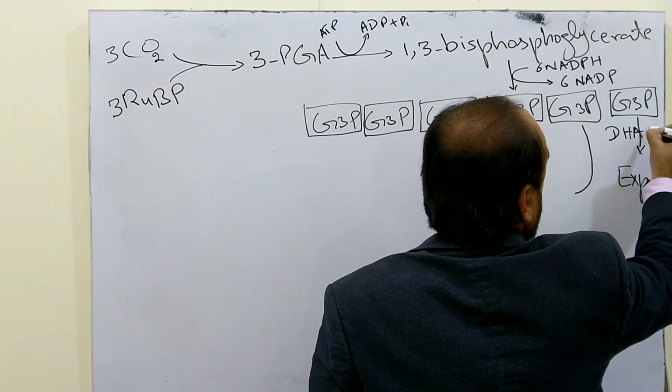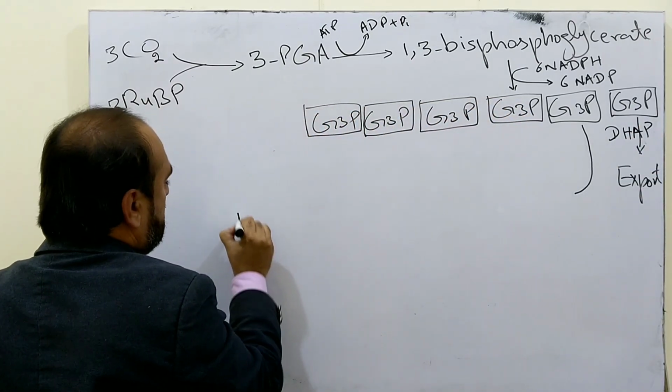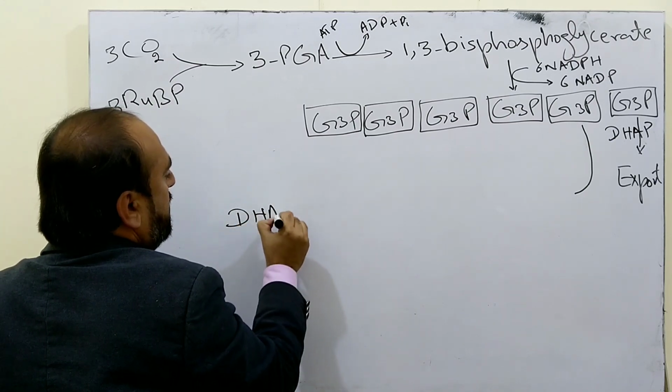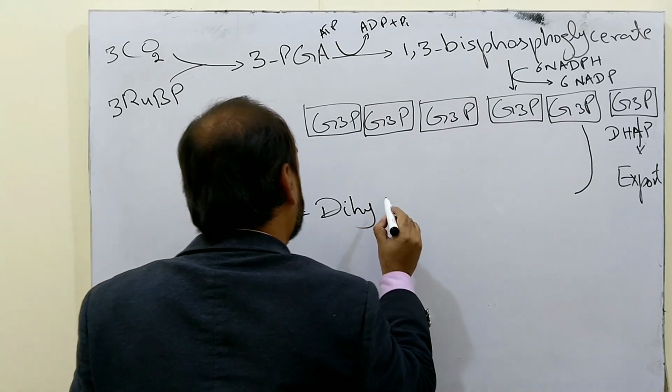This is converted via dihydroxyacetone phosphate. DHAP is dihydroxyacetone phosphate, also a 3-carbon sugar.